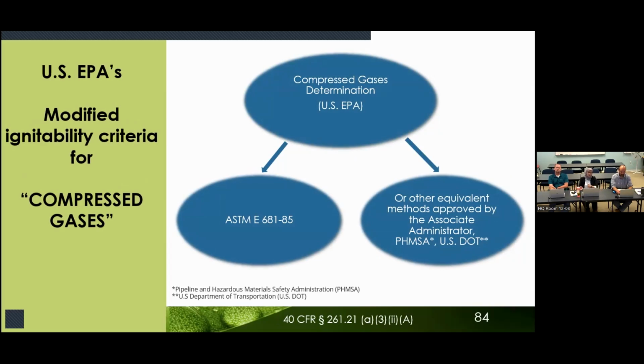Therefore, the US EPA removed the outdated references to BOE methods and adopted the testing standards that US DOT now requires, which are ASTM standard E681-85 or any other equivalent methods approved by PHMSA, which is the abbreviation of the Associate Administrator, Pipeline and Hazardous Materials Safety Administration. Now, to remain consistent, DTSC recommends updating the cross-references to the new US DOT approved methods, allowing navigation to the current test methods rather than those that no longer exist.